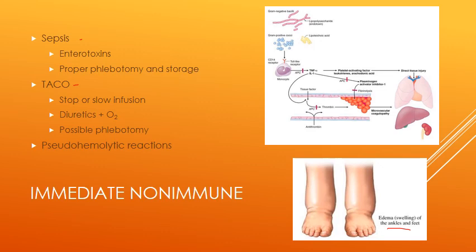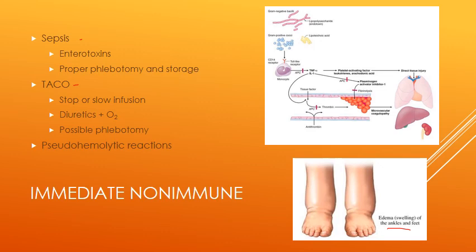Our greatest risk for this is people over 60 and infants, and it really is because of the volumes of components that they receive, okay? It can occur with any volume, but unfortunately, we see this if you do large volume transfusions.